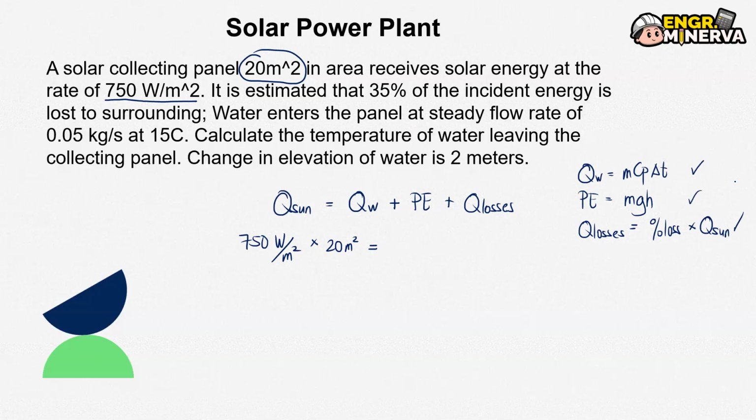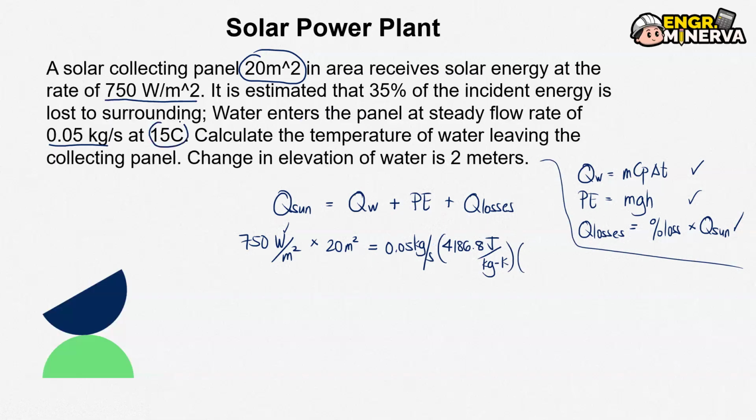For your Q of the water, you are given here the mass of the water, that is 0.05 kilograms per second, multiplied to Cp. Take note, since we are in watts, the Cp should also be in joules. So instead of 4.1868, that would be 4186.8 joules per kilogram Kelvin. Then our change in temperature: the water enters at 15 degrees Celsius.